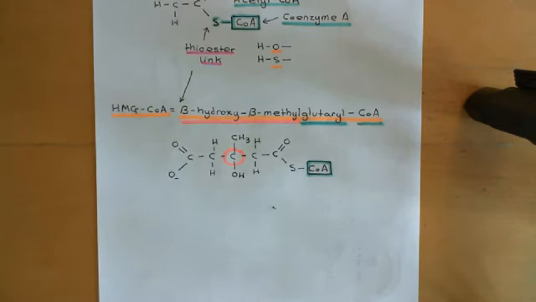Right. So this is the structure of beta-hydroxy, beta-methyl, glutaryl-CoA. So out of acetyl-CoA molecules, specifically out of 3 acetyl-CoA molecules, you can build one of these structures, basically.